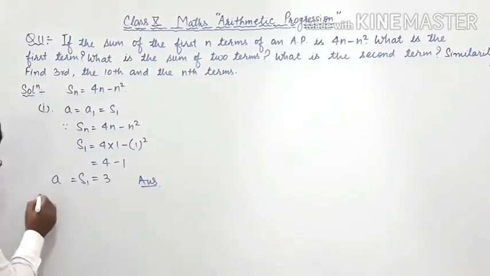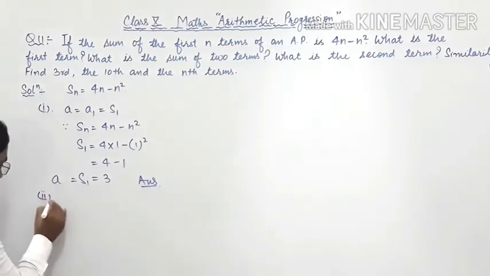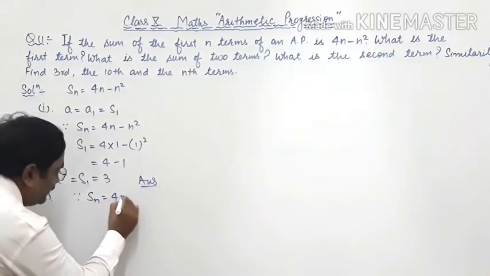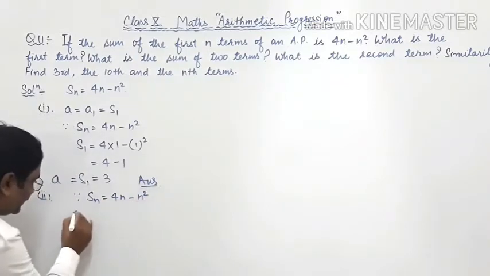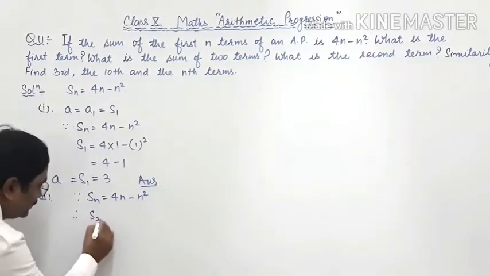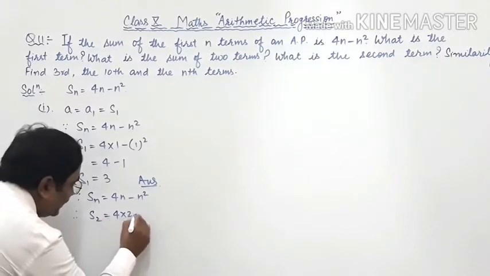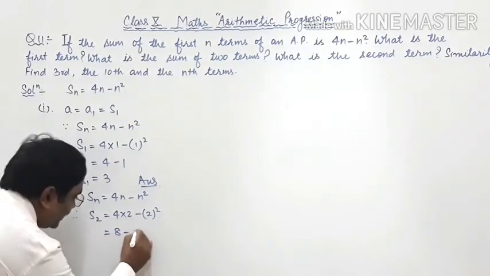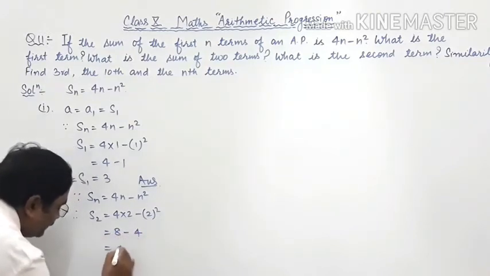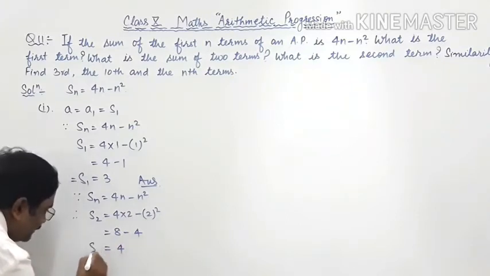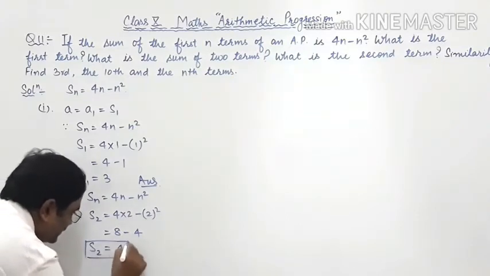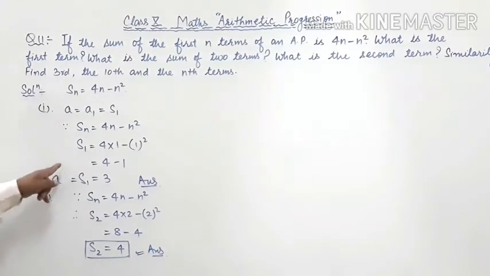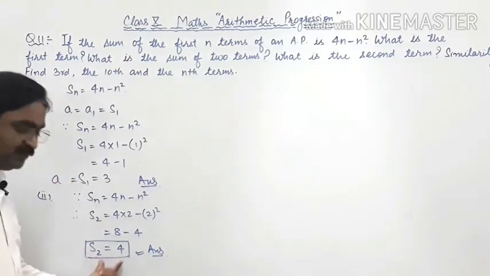So in the second part, since Sn is 4n minus n square, therefore S2 is equal to 4 multiplied by 2 minus 2 square. 4 2s are 8 minus 2 2s are 4. Therefore, the sum of two terms S2 is 4. That is the answer of the second part, right? First term came 3, sum of two terms is 4.